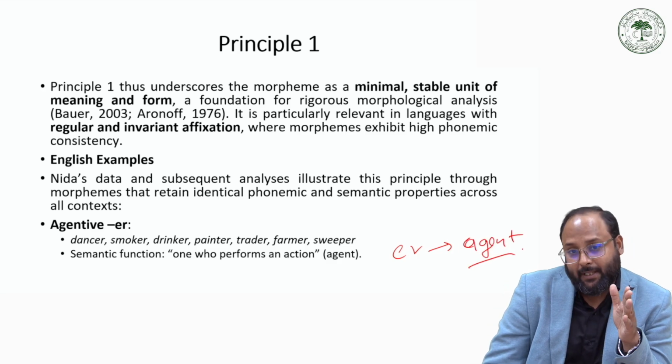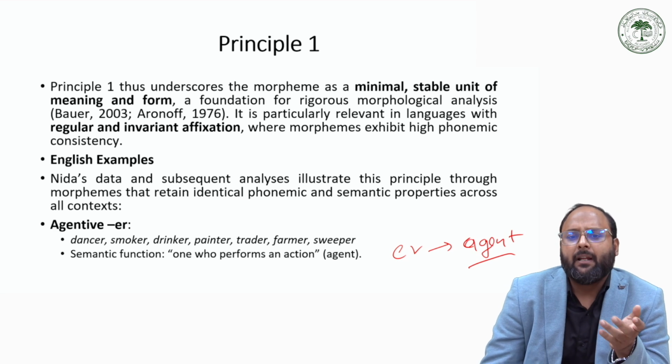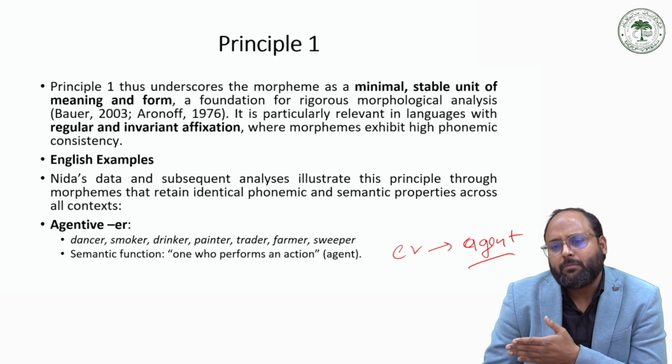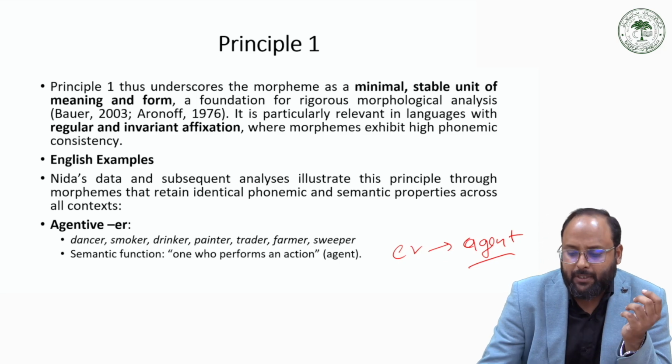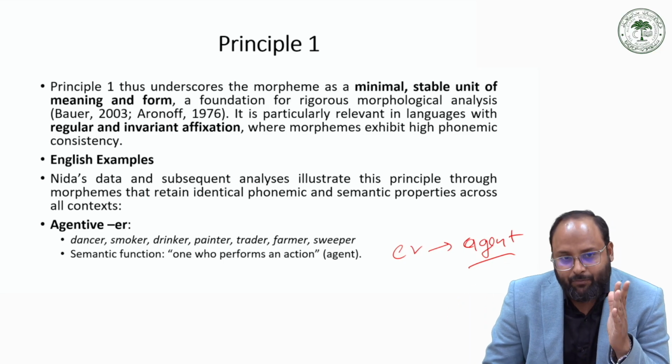So that means in a language we have very regular forms. These regular forms can be considered a single morpheme if they occur across many words, meaning they occur in lots of words in a language regularly, and they have the same form and give the same meaning.